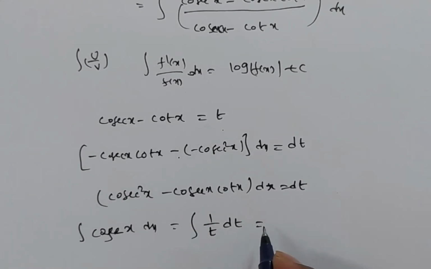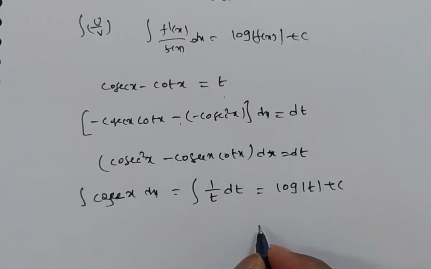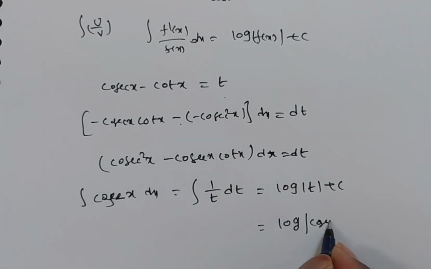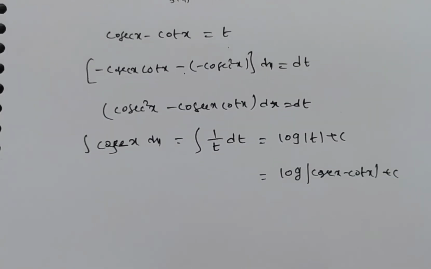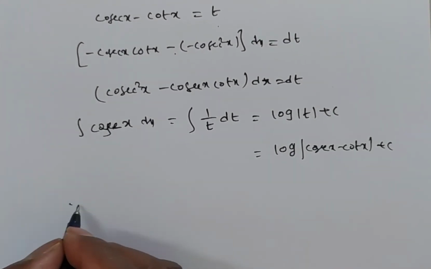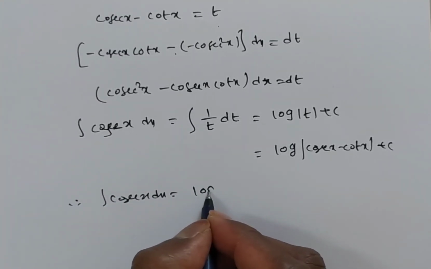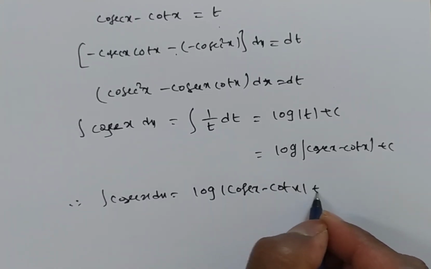So if the denominator derivative is in the numerator, then we will get log of denominator plus c. Therefore this is equal to log of mod t, t what you consider as cosecant x minus cot x, plus c. Therefore the formula: integral of cosecant x dx is equal to log of mod cosecant x minus cot x plus c.